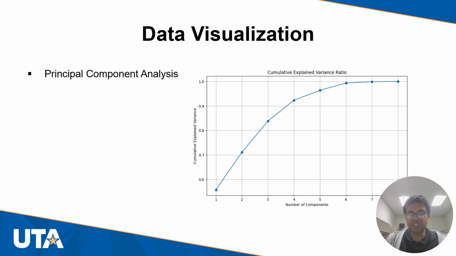And after 6 components, the 7th and 8th features are really not that important, because the 6th feature almost let me achieve 99% of the variation in the model.